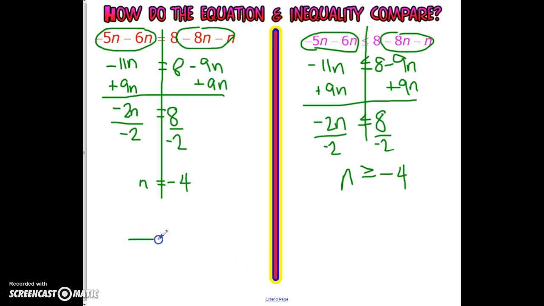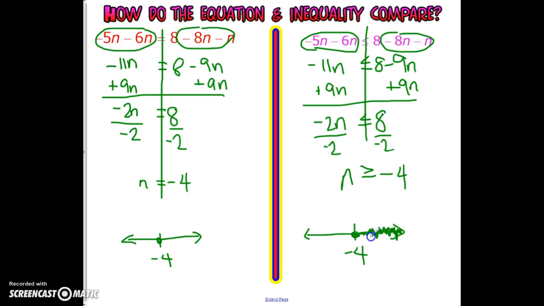So when we look at the solutions to these two, this solution is just n equals negative 4. The only way to make this number sentence true, make this equation true, is if n equals negative 4. On the inequality side, this means any value greater than or equal to negative 4. So we're going to shade this in.